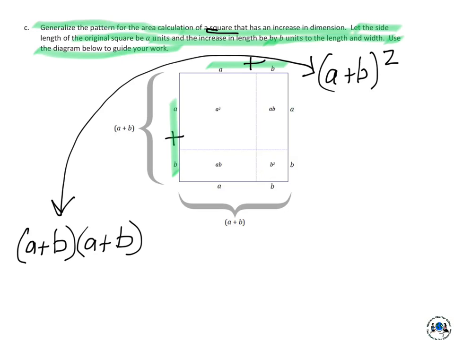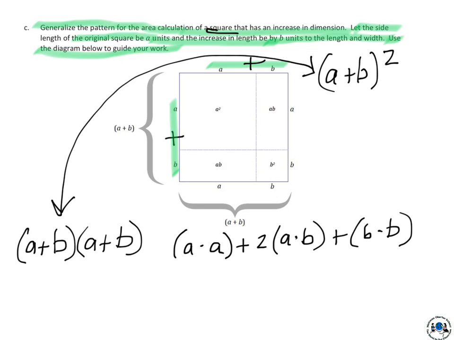So, moving forward, we could even express it in this way, as you remember, when we took the separate sections. We had a squared, which is a times a, and then we had 2a times b, which is ab, and another ab, two ab's, and then we had b squared, which is also b times b.